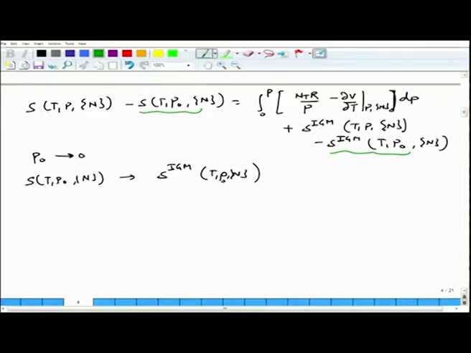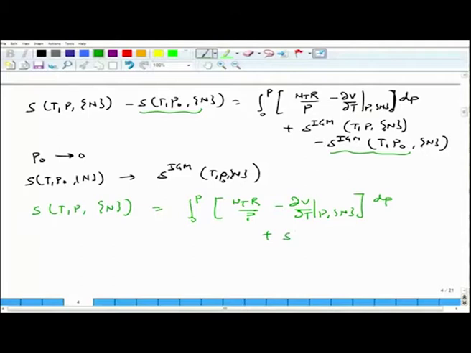Okay. So, what remains now is S(T, P, n) is the integral from 0 to P, plus S IGM at P. So, this is the term which we have.